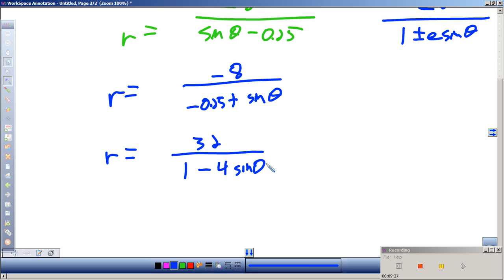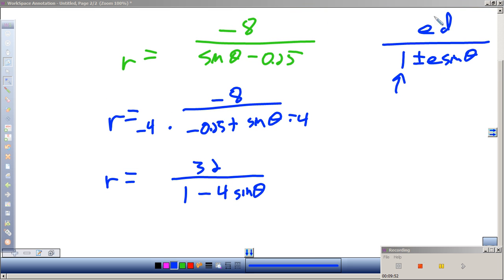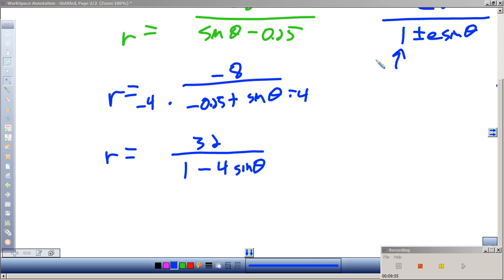Anybody confused with what we did? I multiplied each term by negative 4, because our goal was a 1. We want 1 because this is the form we wanted. We need a 1 there to be able to match that form.